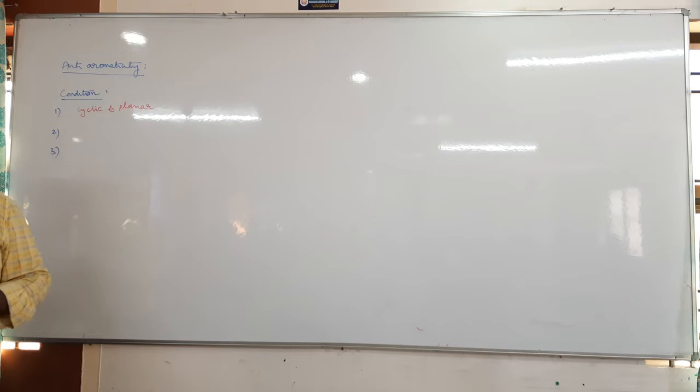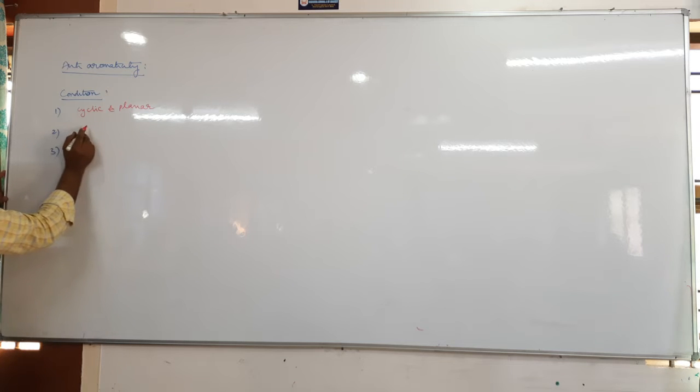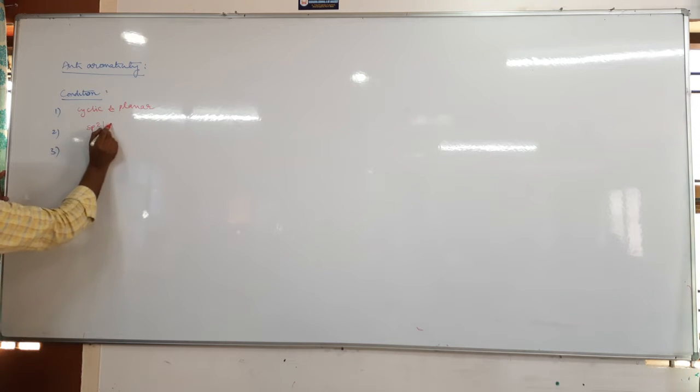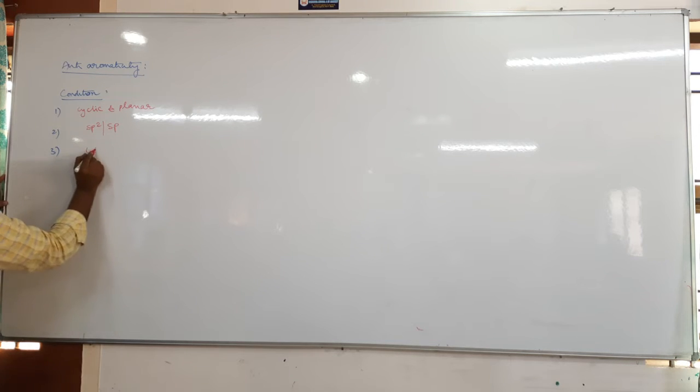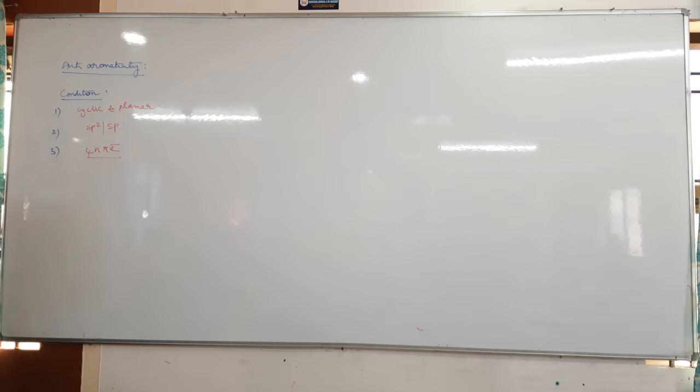Second, each member of the ring must be either sp2 or sp. These two conditions are the same, but the molecule must contain 4n pi electrons, not 4n plus 2. If the molecule contains 4n pi electrons, it is an anti-aromatic compound.